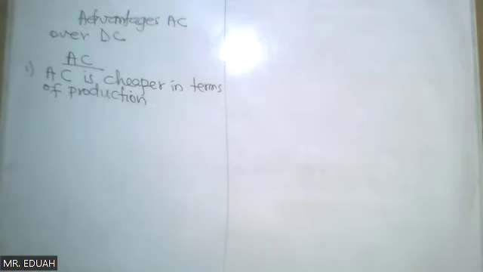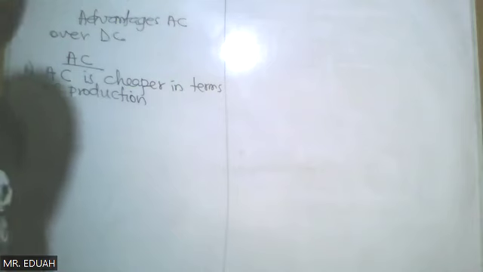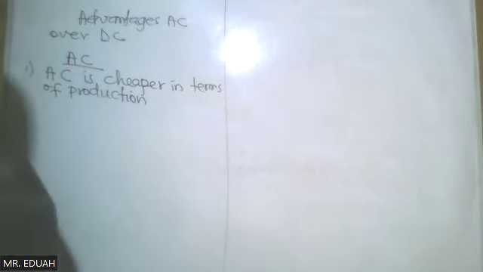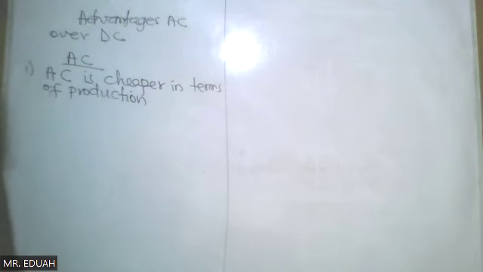Last time we discussed how DC is produced. DC is a result of chemical reaction between chemicals, or when electrolytes, whether in liquid form or paste form, react with electrodes, we have DC.